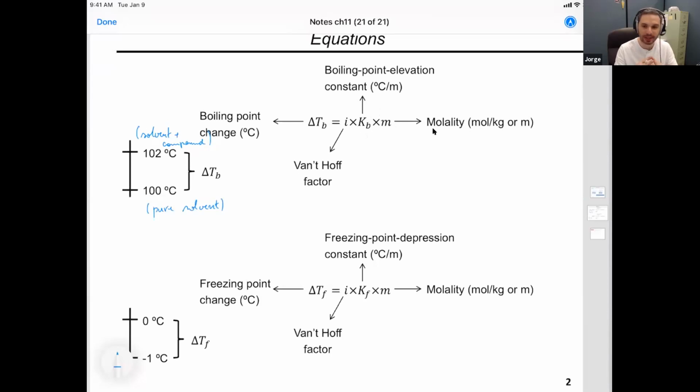Attention here, because it's not molarity, it's molality, and it's represented as a lowercase m. Molality is another way to express concentration, and it is calculated by the number of moles divided by the mass of solvent.